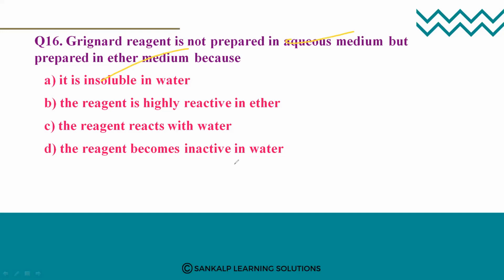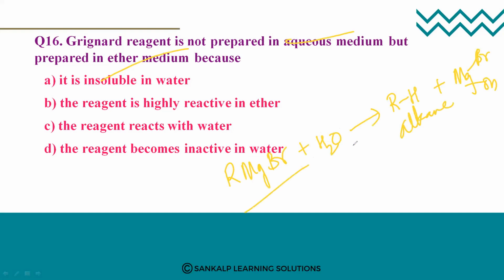When you see RMgBr, this is a Grignard reagent. If you treat it with water, it forms an alkane and MgBrOH. So when RMgBr is treated with water, it forms an alkane.